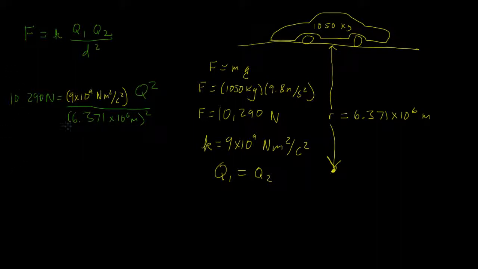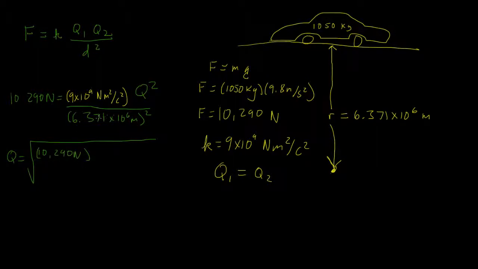So if we multiply both sides by 6.371 times 10 to the 6th squared, and then divide both sides by 9 times 10 to the 9th, and then we'll need to take the square root of all of that to get Q by itself. So Q will equal the square root. We're going to start with the force, 10,290 newtons.